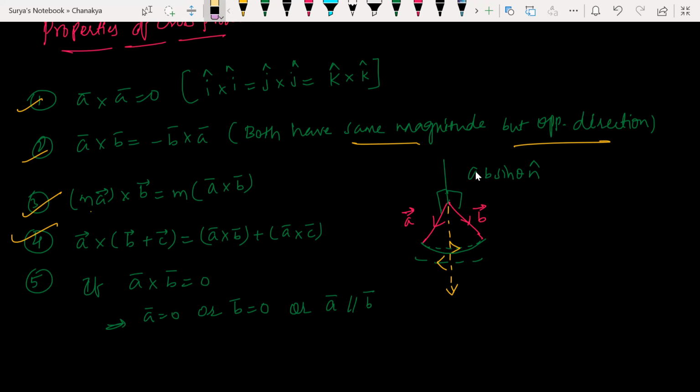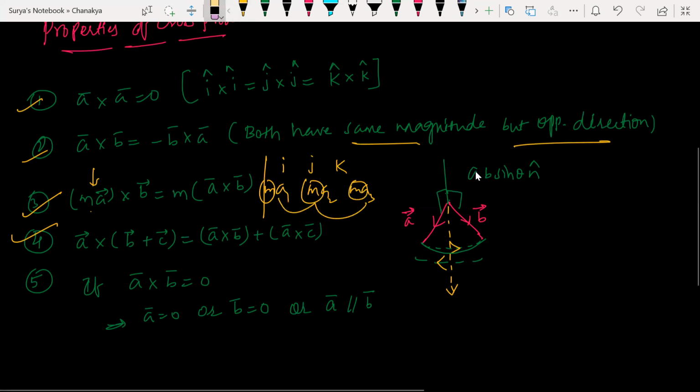Guys, look at this here. If you want a proof for this, how can I prove this? Basically, if I take the Cartesian form, I, J, K, and I'm taking M A1, M A2, M A3, and take M common outside from the row, look at this here.